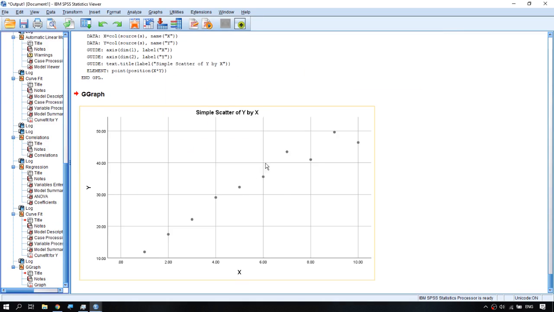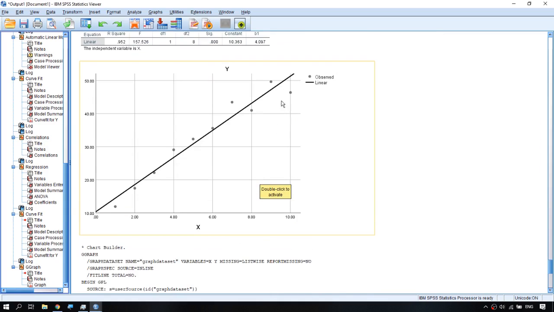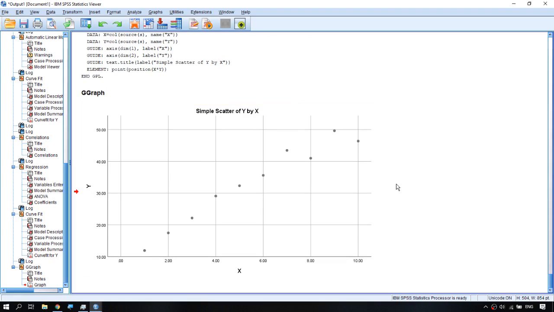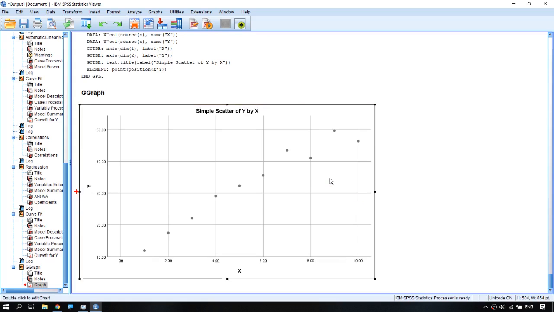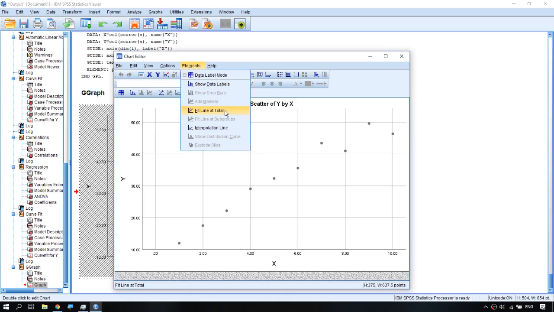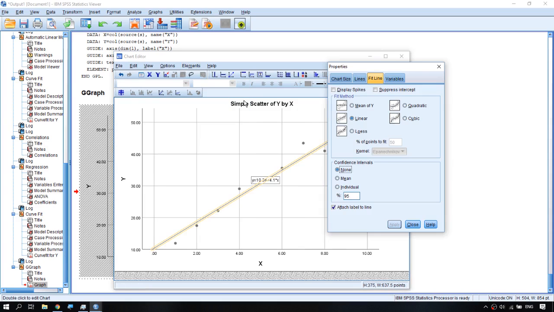You see the data points, which are the same as the data points that we've seen before. But we don't have the straight line yet. In order to have the straight line displayed in the graph as well, we double click on the graph, and then in the Chart Editor, we click on Elements, and then Fit Line at Total. Once you get to this dialog box, you already see a straight line given to you automatically.